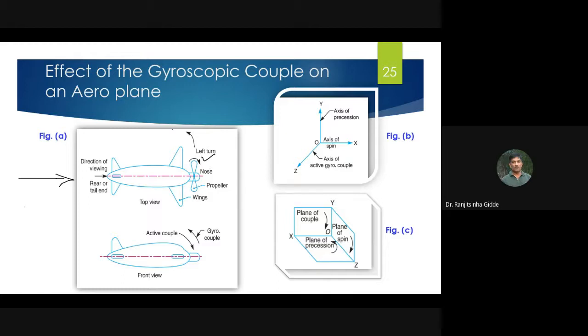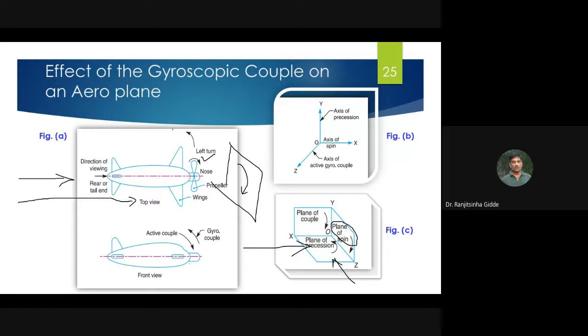Now if this observer is moving in this direction, that means we can have here one plane, and in this plane we are observing that propeller is rotating in clockwise direction. The same plane is shown here. This is plane of spin.